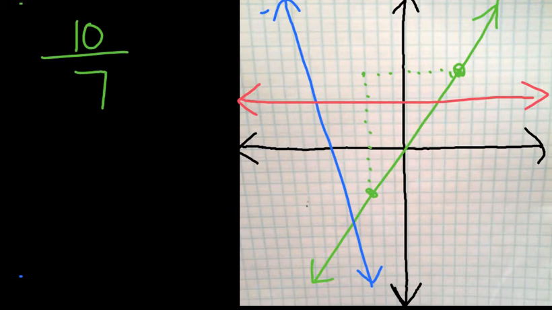By the way, I already knew the green line was going to have a positive slope because it's got a positive slant. And when I look at the blue line, I'm already saying to myself, this is going to be a negative slope because it has a negative slant. So again, to find the slope on the blue line, I need to find two clear points that I know for sure are crossed by the line. So here's my first one, right here.